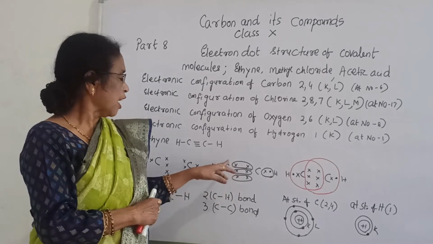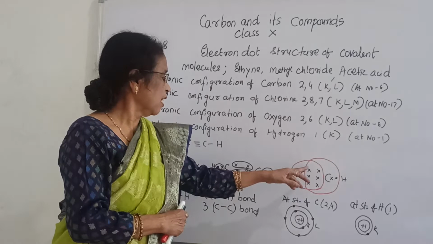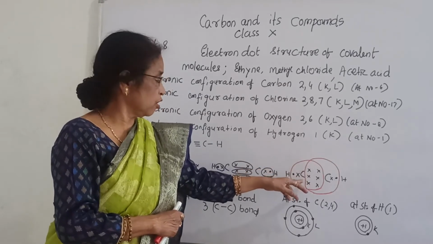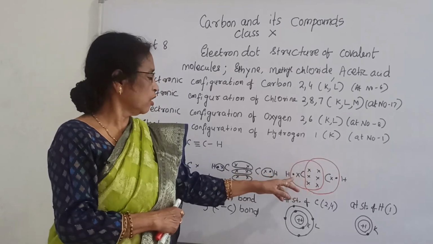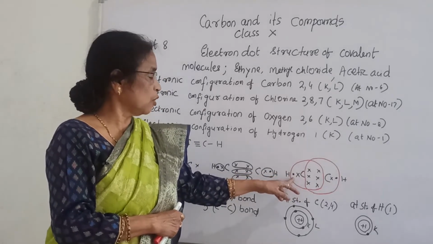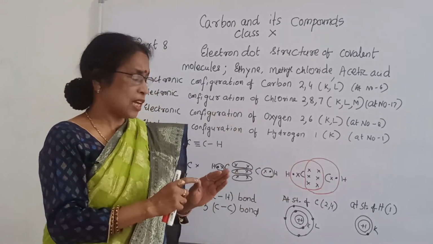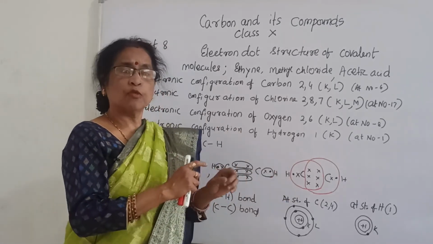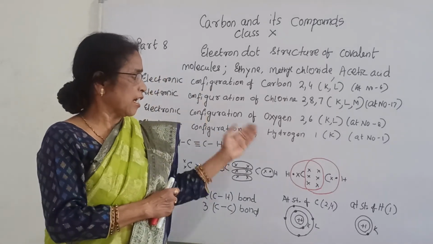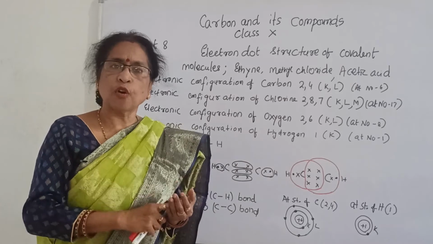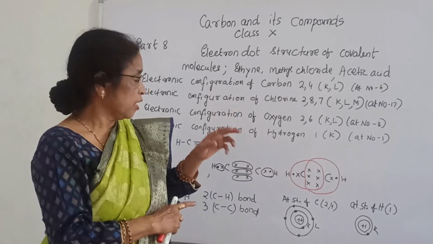Now in carbon you can explain here. See this cross structure: 3 pairs, that means 6 electrons, plus 1 pair, that is 2 electrons, totally 8 electrons. So 8 electrons represent which configuration? Neon configuration, because 2 are already there, and now 8, which means it follows the octet rule. It satisfies the inert gas configuration of neon.